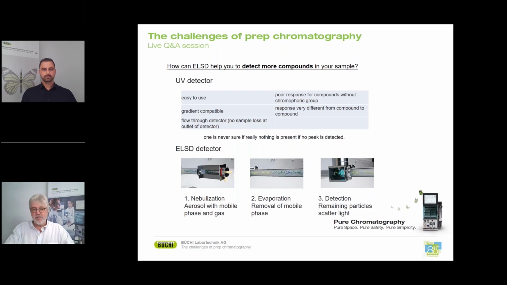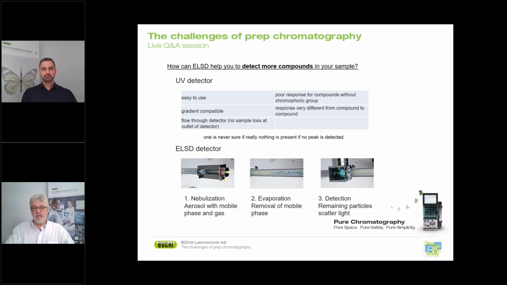That extinction coefficient is very different for different types of compounds, which means that the peak height might not be the same for all the compounds present in your sample. As a conclusion, if people use a UV detector, you're never sure that there is really nothing present if you don't see a peak. It might be a compound that is not absorbing light and not visible in your chromatogram.